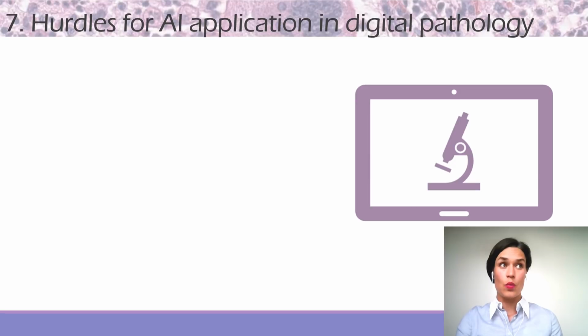And why not? Why is there something AI-based in other disciplines and not in pathology yet? So there are some hurdles that are pathology specific. And these include lack of validated tools, as we already said, lack of labeled data.